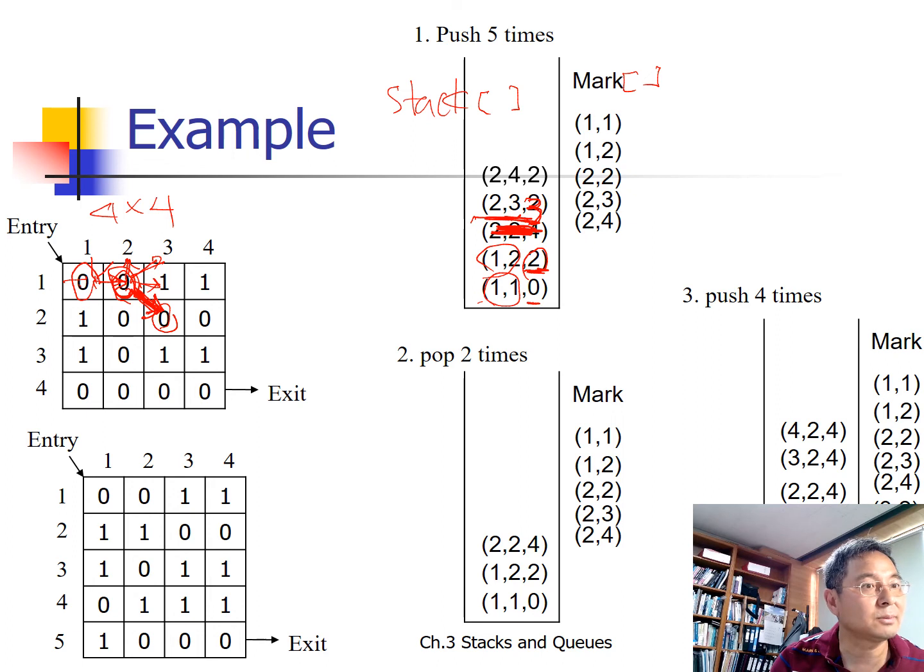And how about this one? 2, 4. Okay, this solution is totally false. 2, 4, and also 0, 1, 2 will be stored. 2, 4. Okay, until this one it is okay.